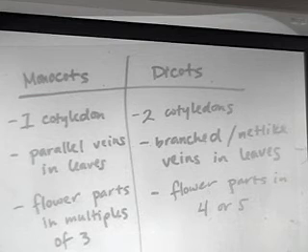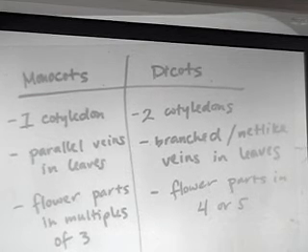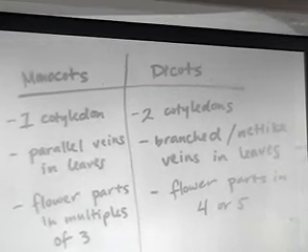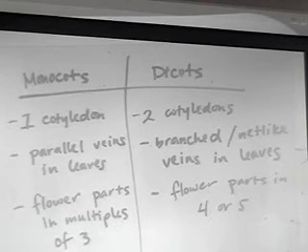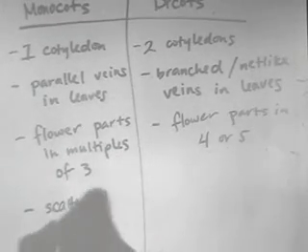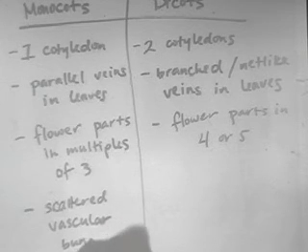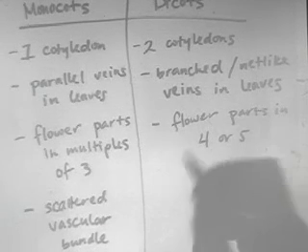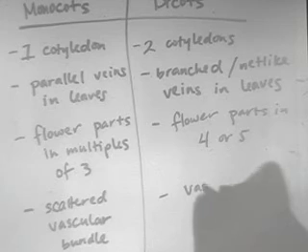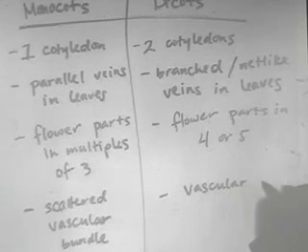Last one is if you were to actually cut open the stem, looking at a cross section at the vascular bundles, the xylem and the phloem. With monocots, you would see scattered vascular bundles. They're sort of all over the place, not in particular patterns. In dicots, you're going to see vascular bundles in a ring form.